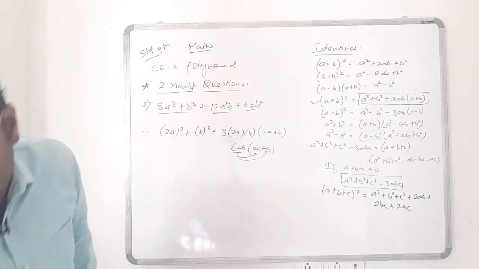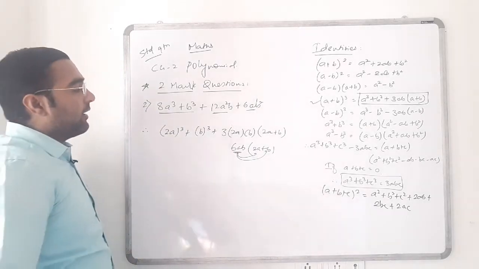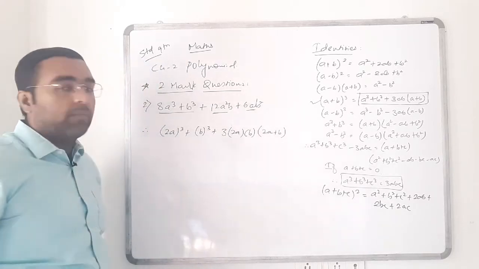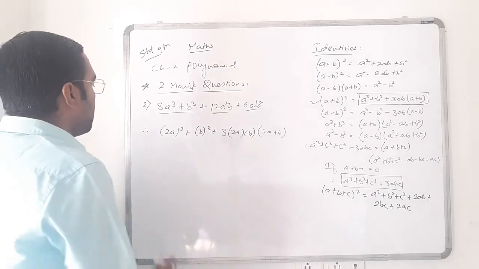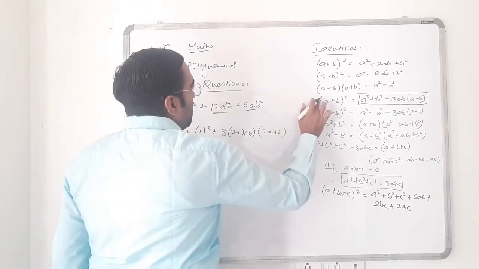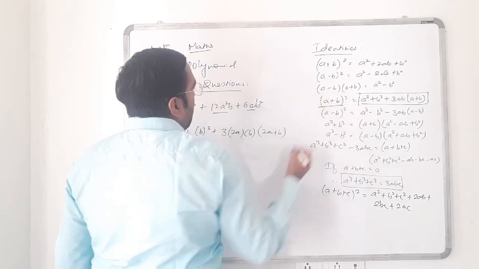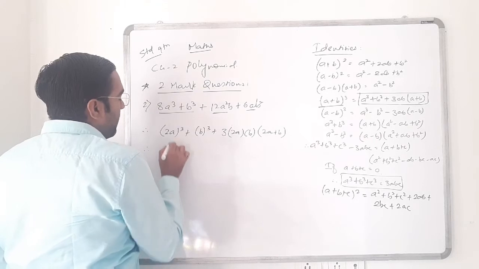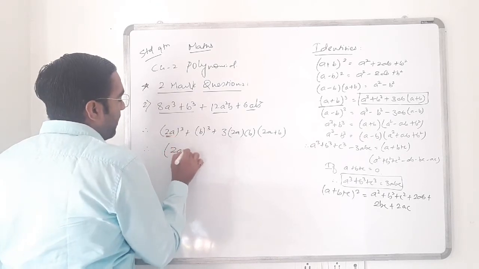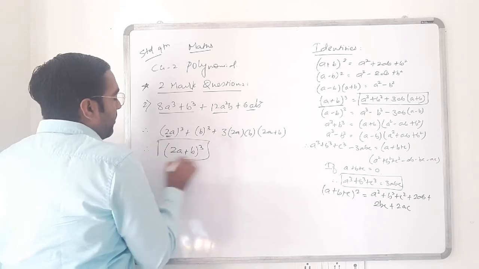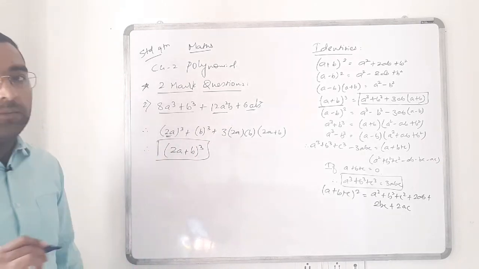So my formula and my identity are correct. Therefore my answer is a plus b whole cube, where a is 2a and b is b, so 2a plus b whole cube. Clear?